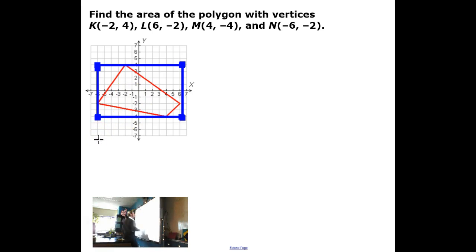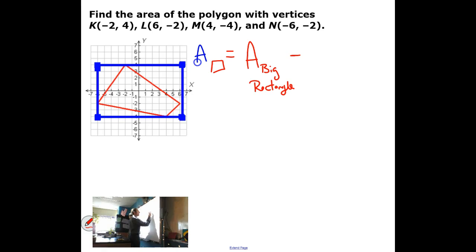So to the board, the area of this red quadrilateral-looking thing is equal to the area of the big rectangle minus the sum, and I'm using math language here, this means to sum, the area of the 4 triangles.